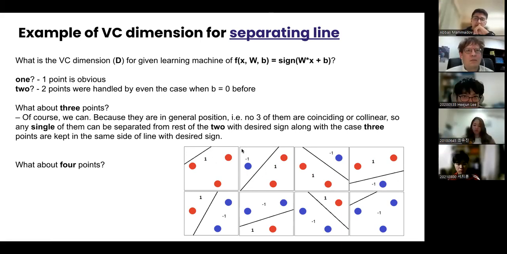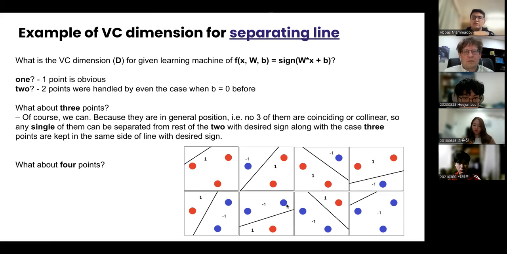As we can see, all the labelings can be shattered by a line, and we can also summarize it as: any single point can be separated from the other 2 with the desired sign, along with the case where the 3 points are kept on the same side of the line with the desired sign.